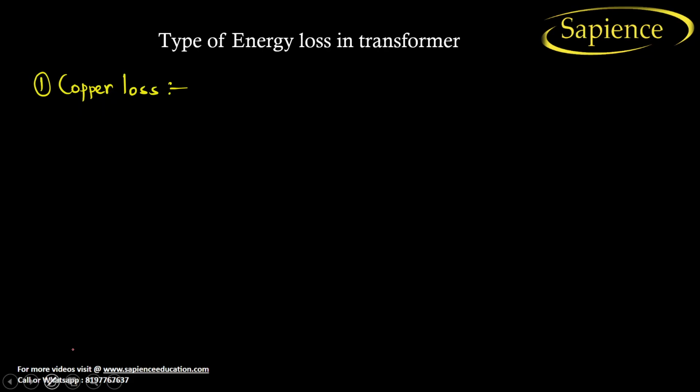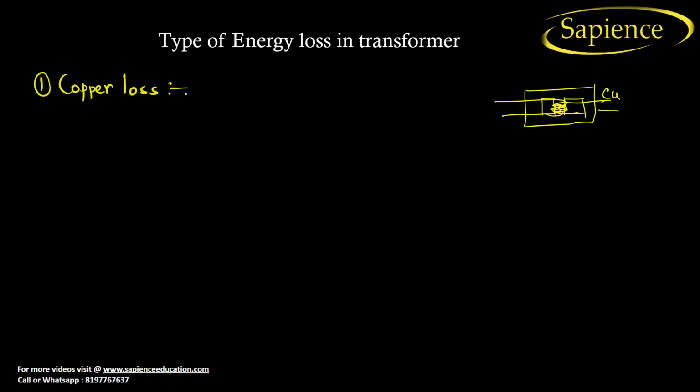Let us discuss first of all what is known as copper loss. What is copper loss? As we know, this is a transformer, and we have a coil like this. Through this coil, there is a copper wire.